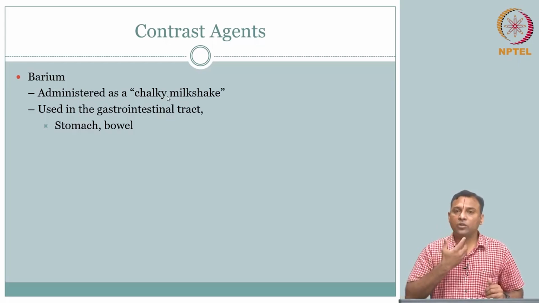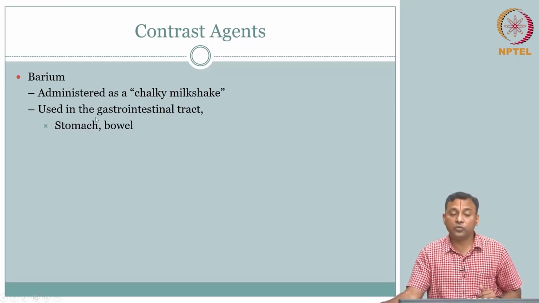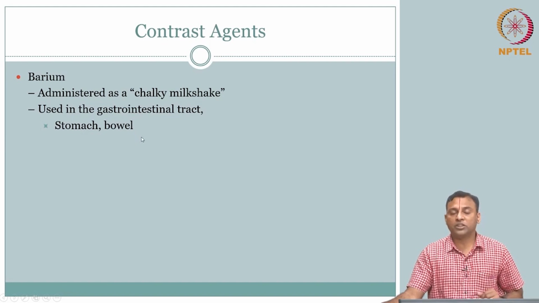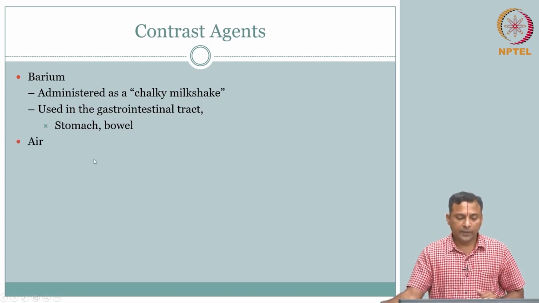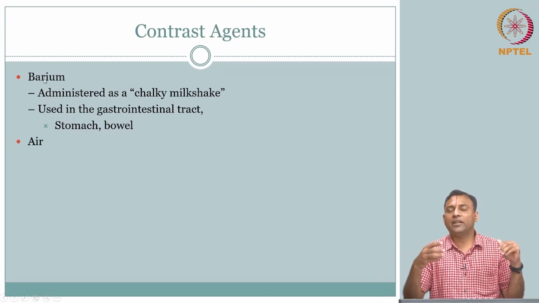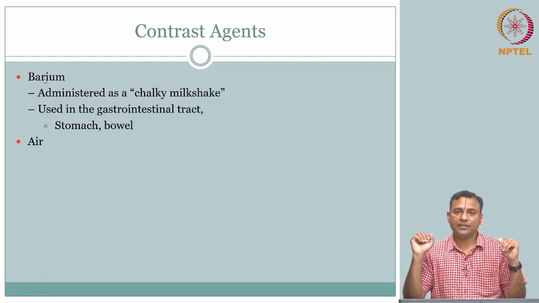So this one essentially goes through, retains the path and comes out, and therefore it is very useful in imaging the GI tract if there is any obstruction, growth, tumor, lesion, whatever, okay. So these are some compounds that you can prepare and are routinely used.